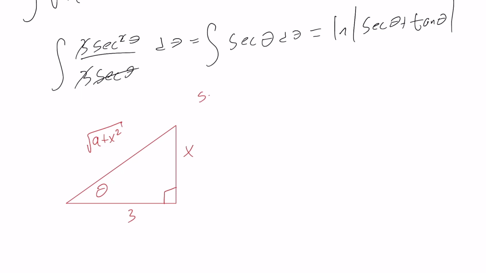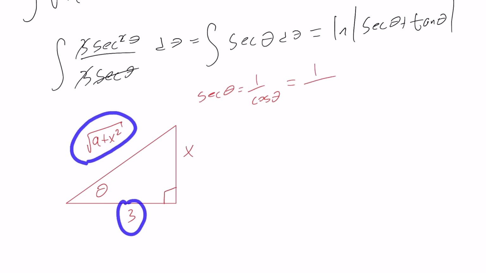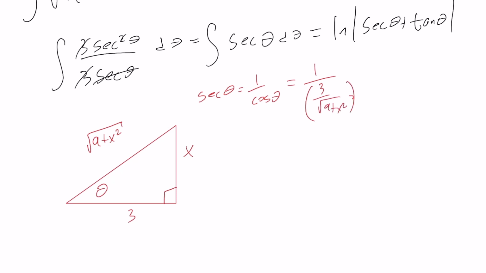Well, remember that secant of theta is 1 over cosine theta, and cosine of theta is adjacent over hypotenuse. So this is 1 over 3 over root 9 plus x squared, which simplifies to root 9 plus x squared over 3.